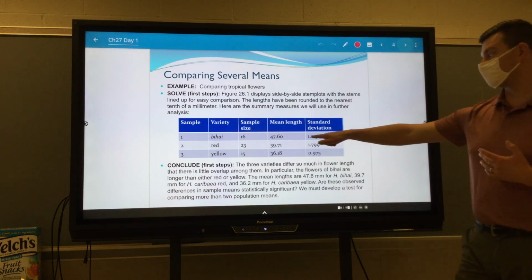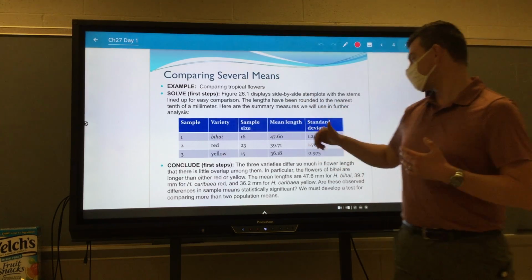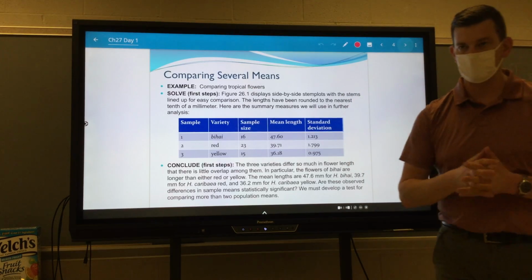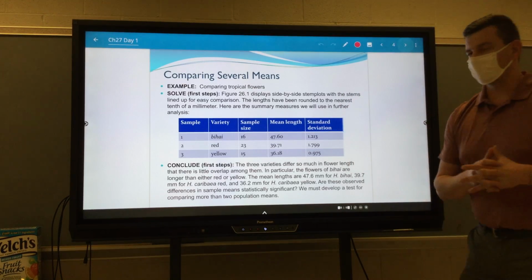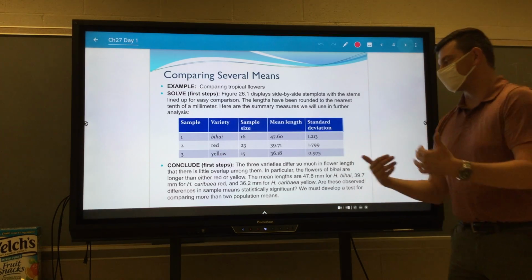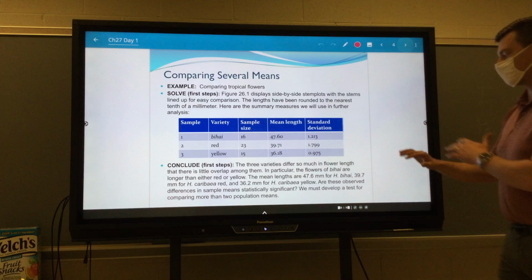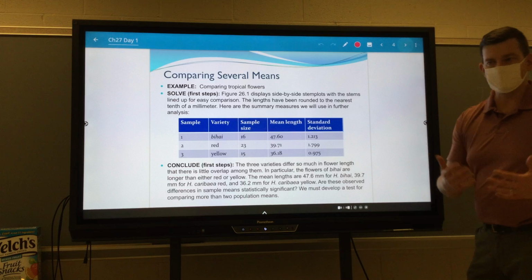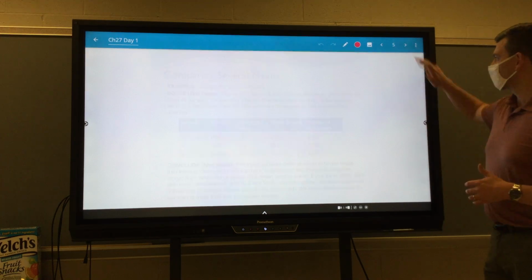The Baihai variety, which we said had the longest average, is in the middle of the pack in terms of the standard deviation. So there's a lot of things going on here. We want to get beyond just the numbers and start to look at some visualizations to help facilitate this comparison.